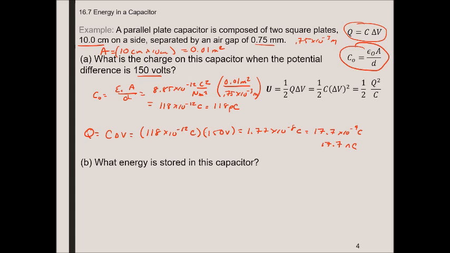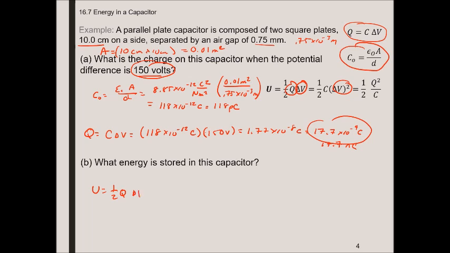And then what is the energy stored in a capacitor? Well, now we can use the energy equation, and we have our choices. We're given delta V in the problem, so we're going to choose one of these two with delta V in it. And then we also know the Q. So we just figured that out. There's my Q, so I'm going to use the one with Q in it. We could use the one with C in it, but it doesn't matter. We should get the same answer either way. I'm going to use the one with Q in it.